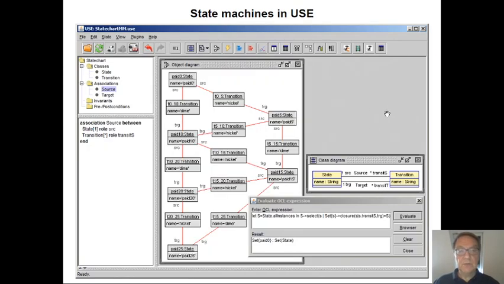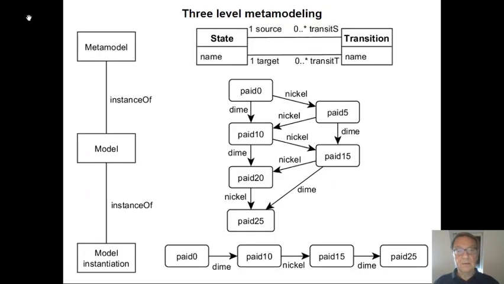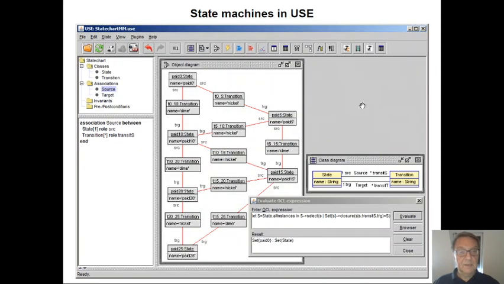And in the second way of representing, we have a class diagram consisting exactly of the meta model class diagram that I've been presenting over here. So here we have a class diagram with the two classes, state and transitions, and two associations for representing source and target of a transition.